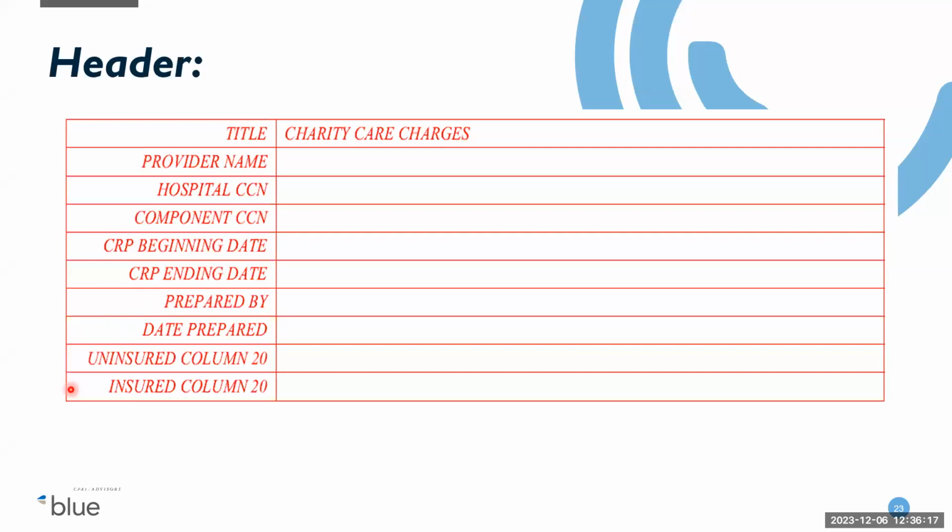And, similar to how Becca showed the different types of column 23 and the dual eligibles, this is where on the charity piece we have column 1 and column 2. Column 20 is coming from the S-10, that charity column, but broken out. On your listings, the sum of what you're reporting for the uninsured charity needs to tie to that uninsured column 20 line, and vice versa on the insured.